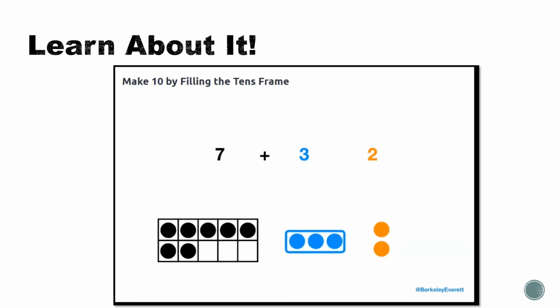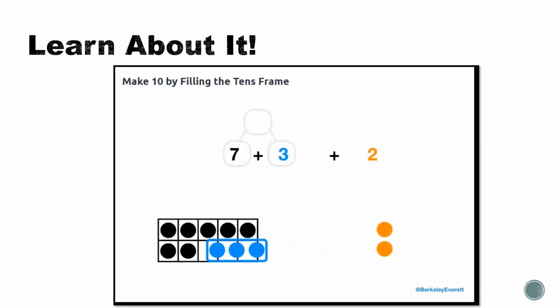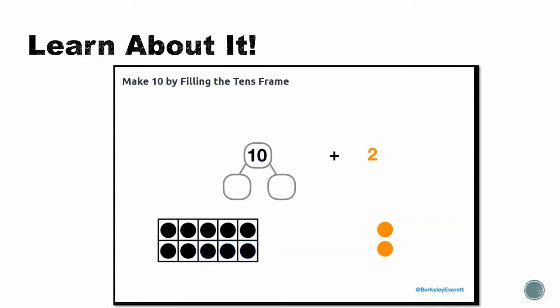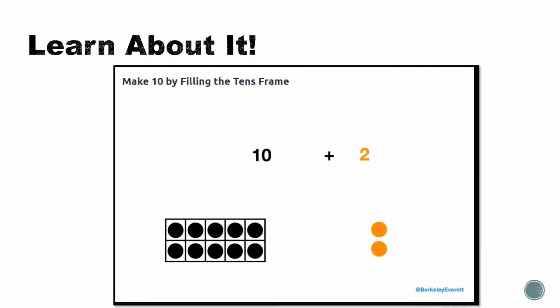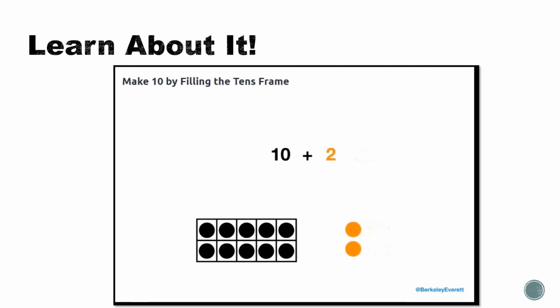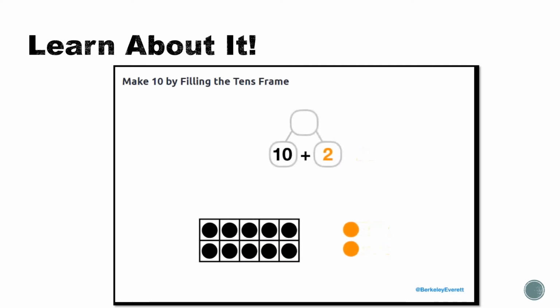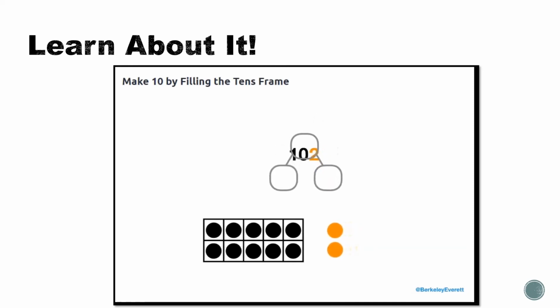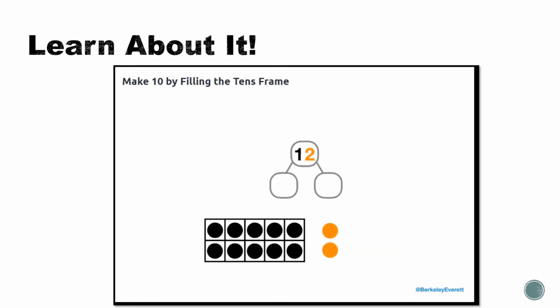Moving our 3 over fills out our 10 frame and gives us 10. We know this because 7 plus 3 equals 10. This leaves us with a nice easy addition sentence of 10 plus 2, which equals 12. So 7 plus 5 equals 12.